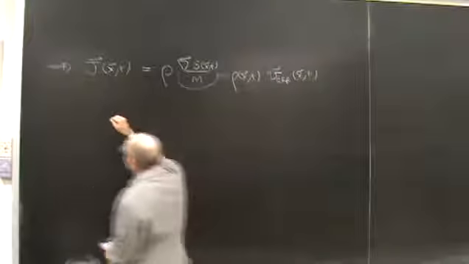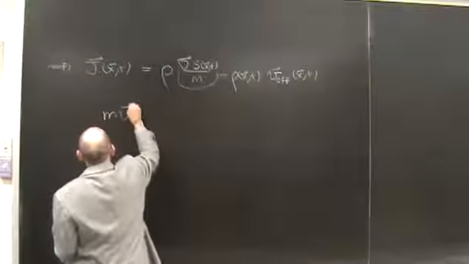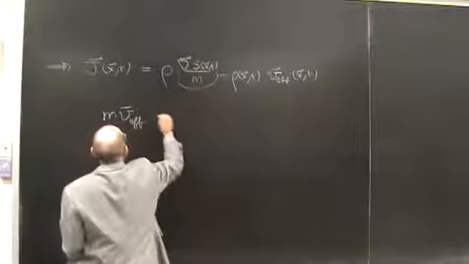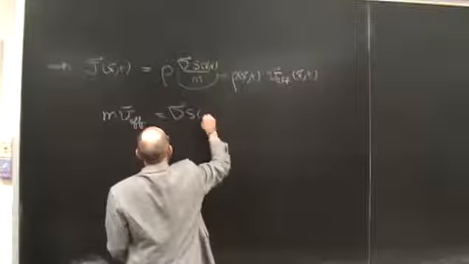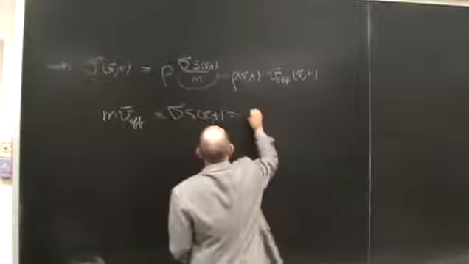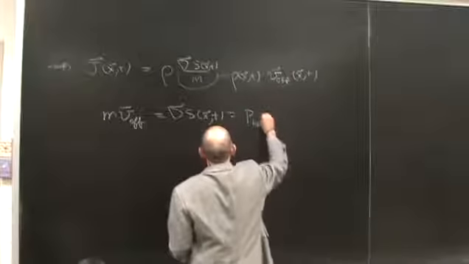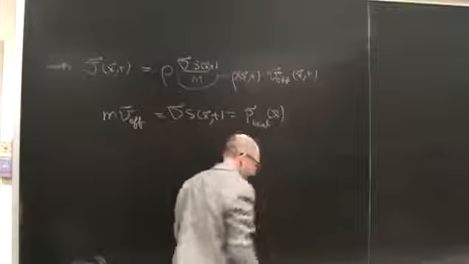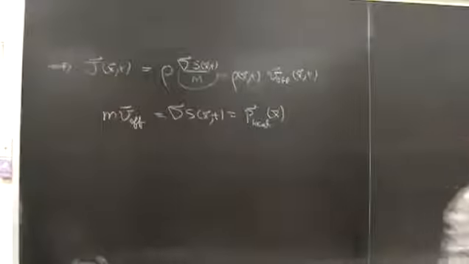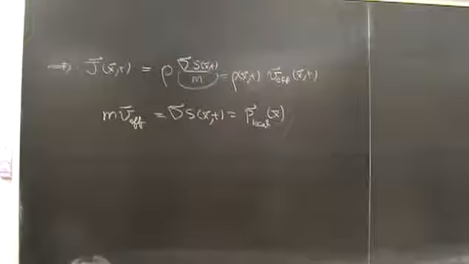And what is that? It's saying that the mass times the local velocity is the effective local momentum at that position of the flow.